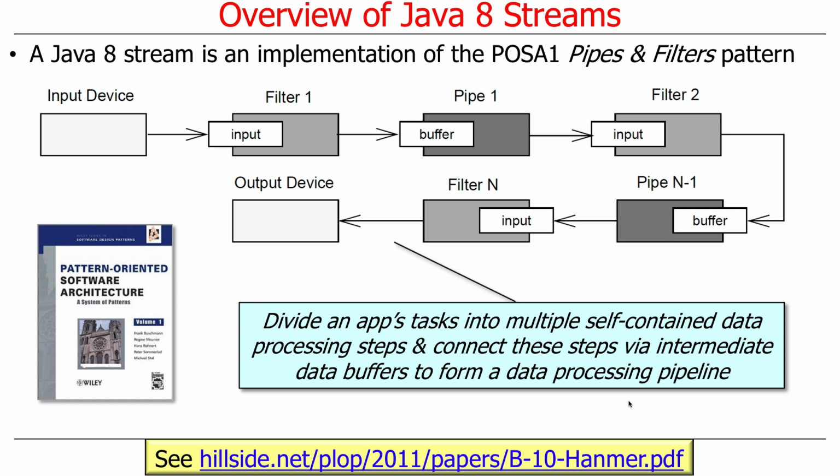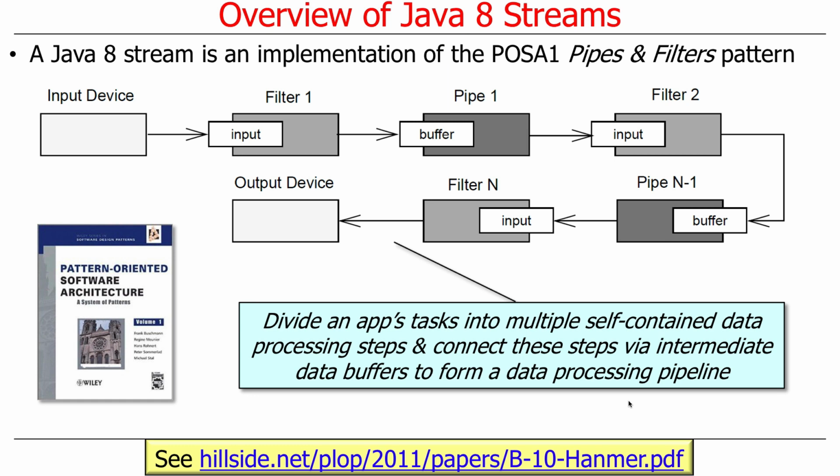The intent of the pipes and filters pattern is to divide the tasks in an application into multiple self-contained data processing steps, and then connect these steps together by intermediate data buffers to form a data processing pipeline.